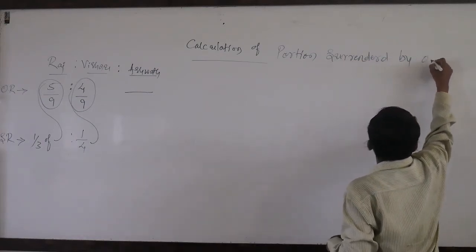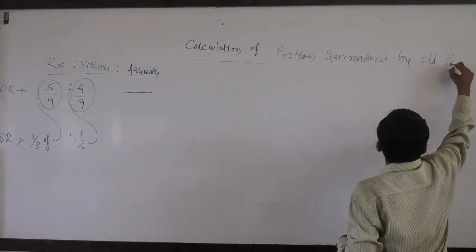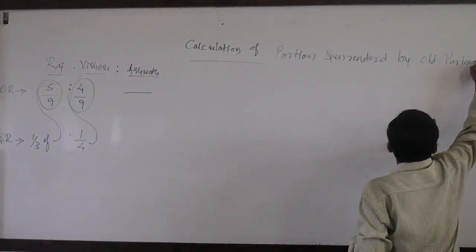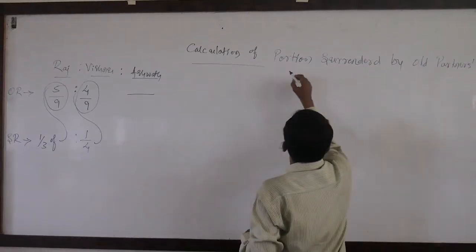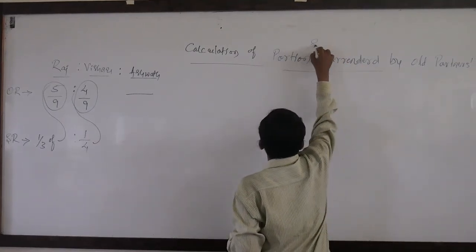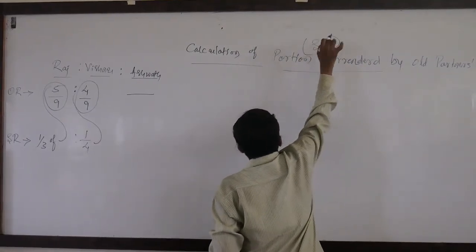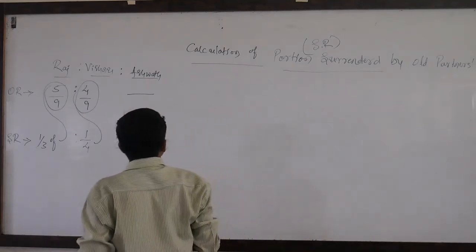As per this problem, portion surrendered means the sacrifice ratio itself.